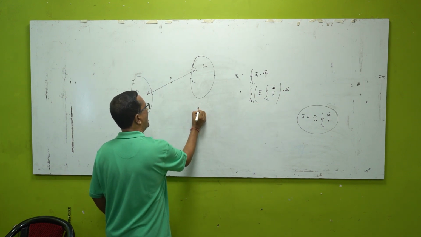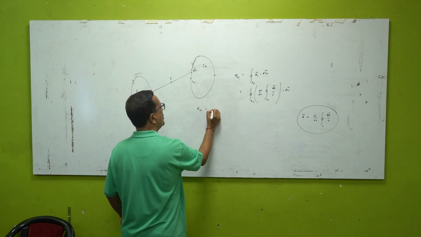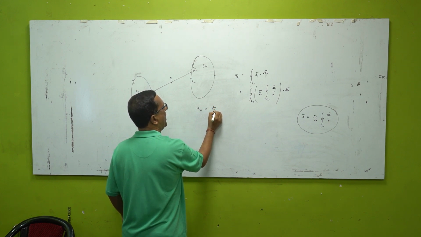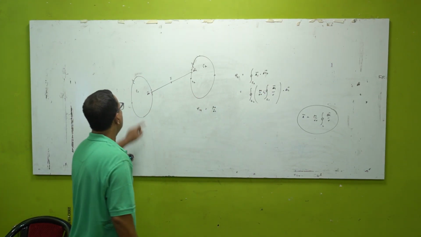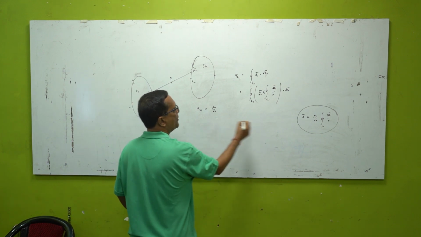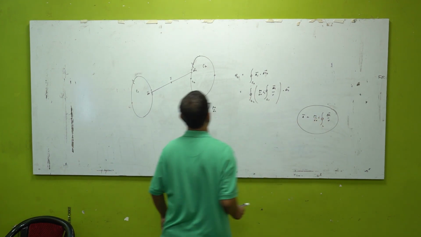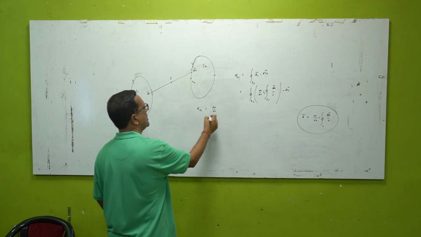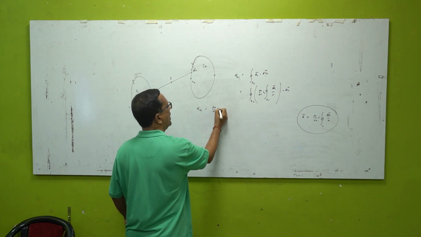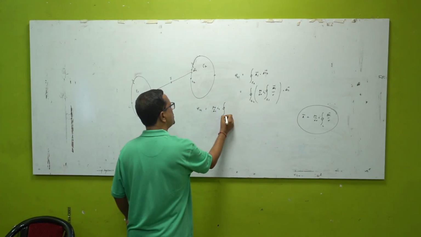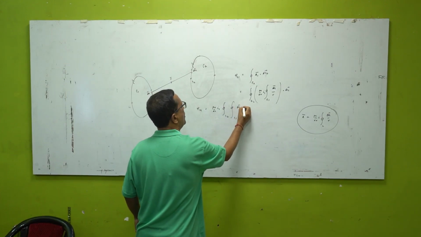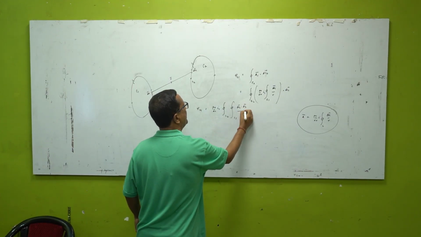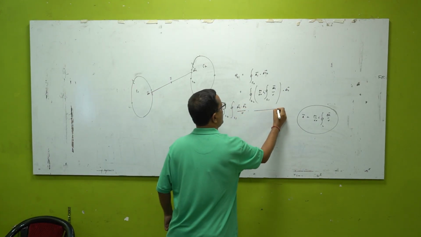So here phi 21 is equal to mu 0 by 4 pi, with current I1 due to C1. So for phi 21 we get mu 0 by 4 pi I1 times the closed path integral over C2 and the closed path integral over C1 of dl1 dot dl2 vector divided by R. This is equation 1.